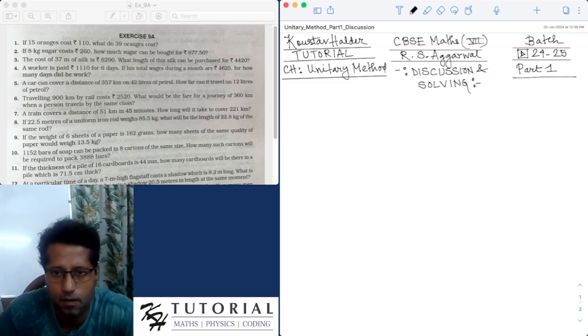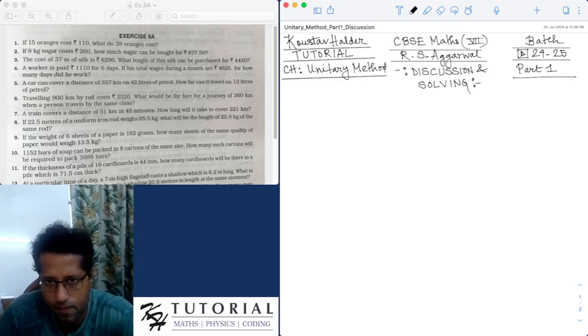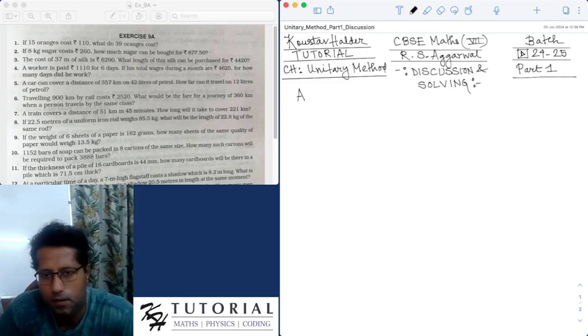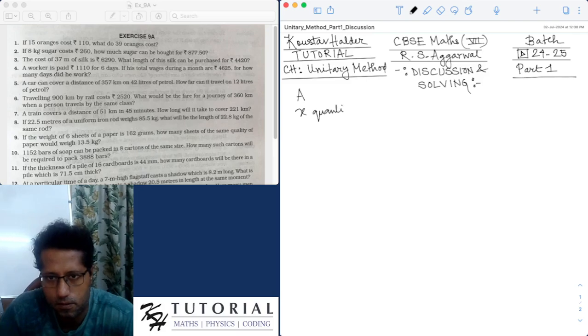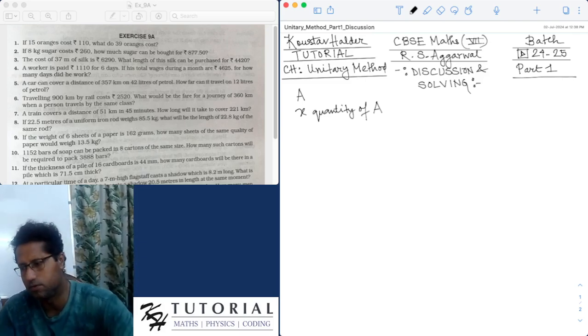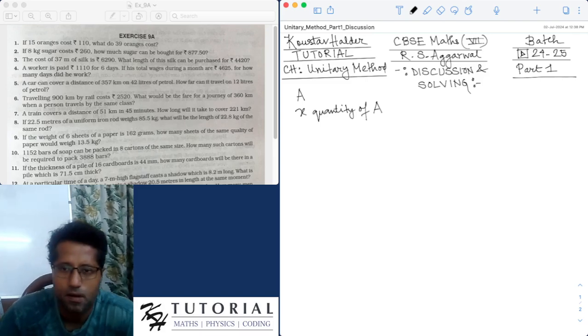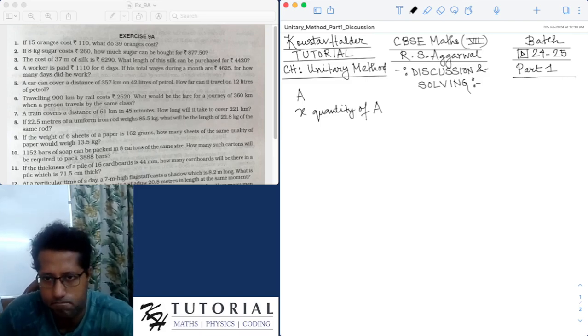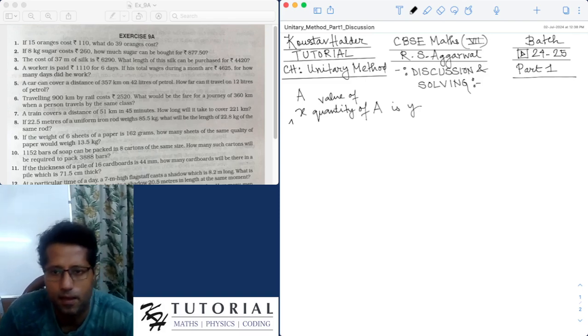So basically, let's say there is a commodity A, and it is given that X quantity of A, some commodity or object, has a value Y.